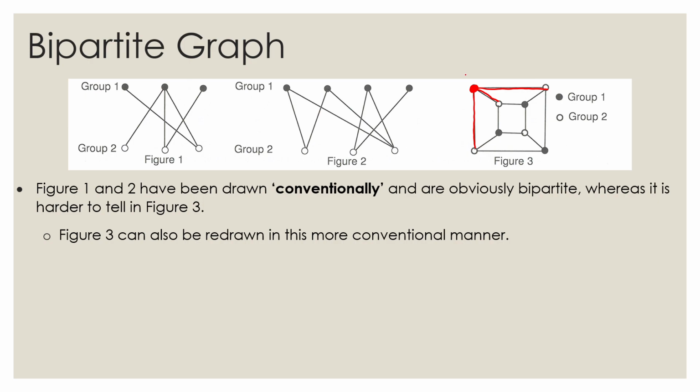If I call this point A, I'm going to label it down here. Then I'll call these points B, C, and D, which means that B, C, and D must be opposite.